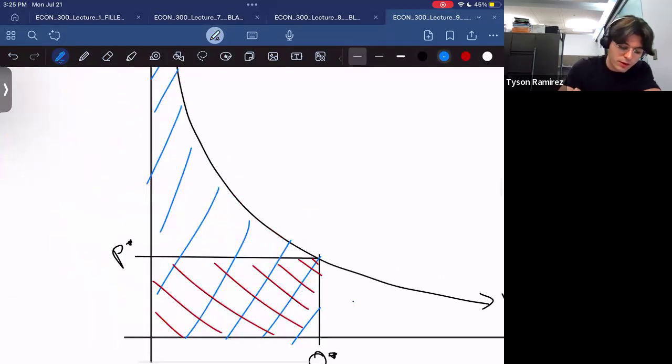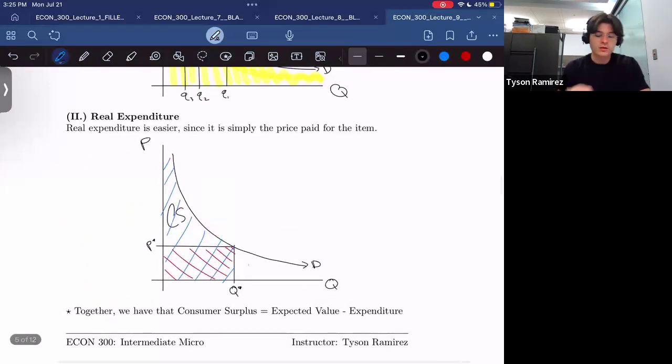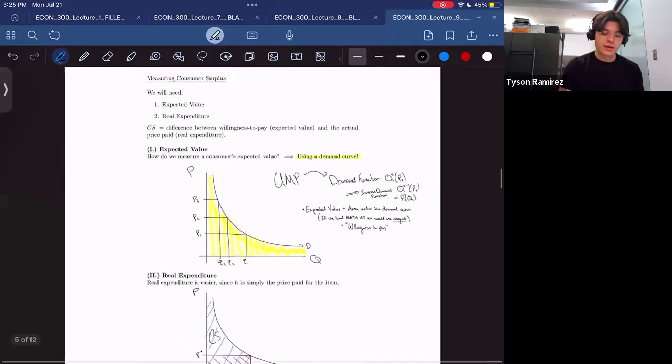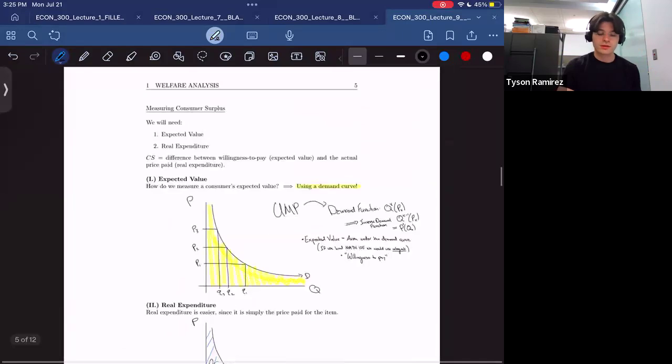And so what we're left with is the consumer surplus. Altogether, the consumer surplus is the expected value given from the demand curve minus the expenditure, which is simply the price paid for the item, right? And this is what it looks like in a perfectly competitive market, and that's why we have a flat price. All right. And that's how we do the consumer side of things. That's how we measure consumer surplus.